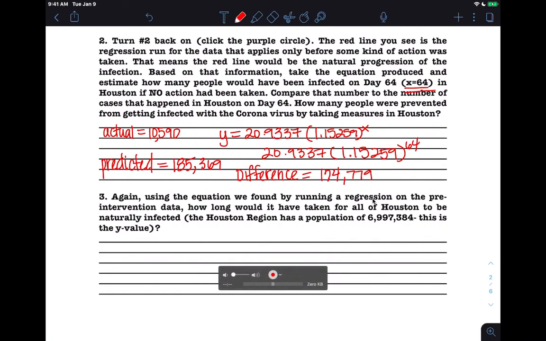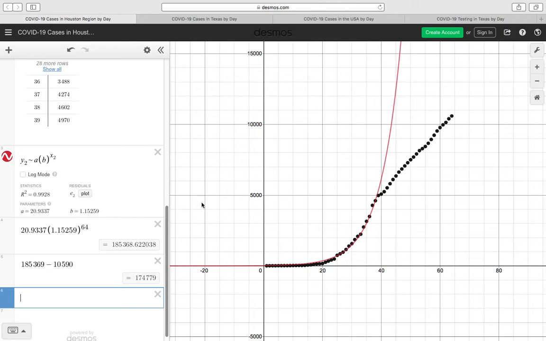Now, my next question is asking me, how long would it have taken if I had just allowed this to progress, we had taken no action, to get to the entire Houston region area, to infect every single person in Houston? So, again, let's look at this. I'm going to say, well, X's are days and Y's are people. So that number they gave me has got to be a Y value.